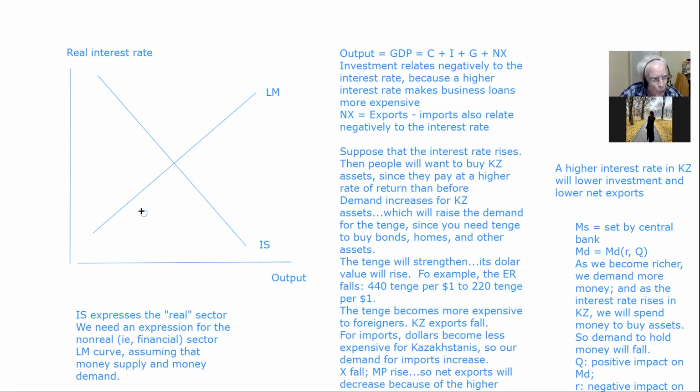So, for example, at this point right here, given the interest rate, we have higher output at this point than we had on the L1 schedule.